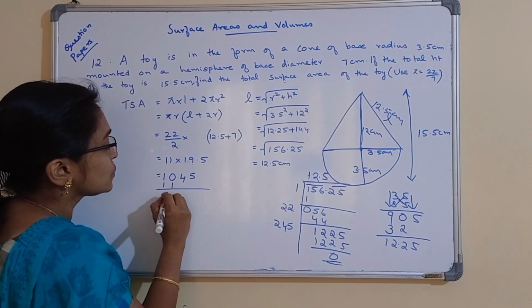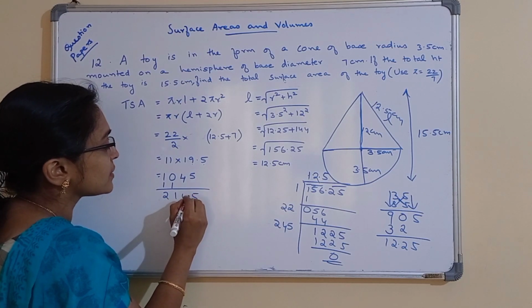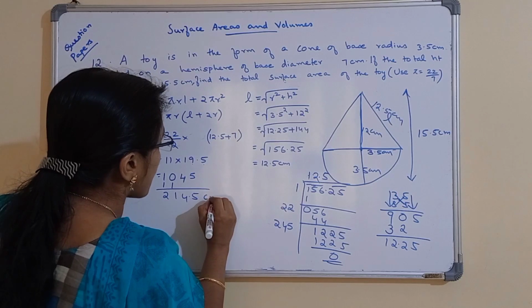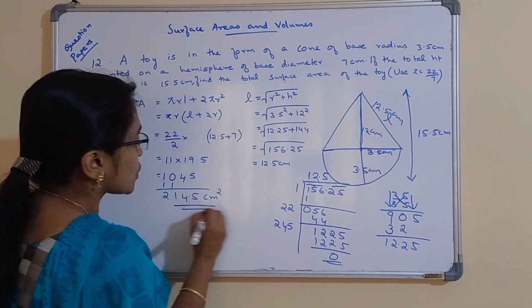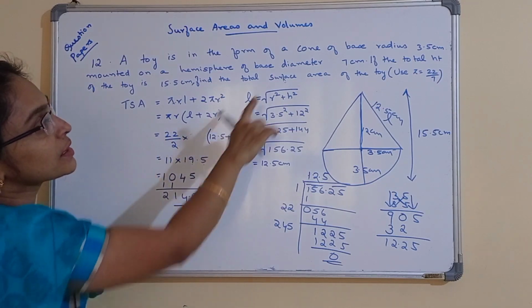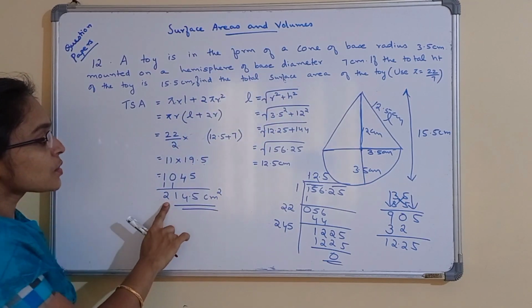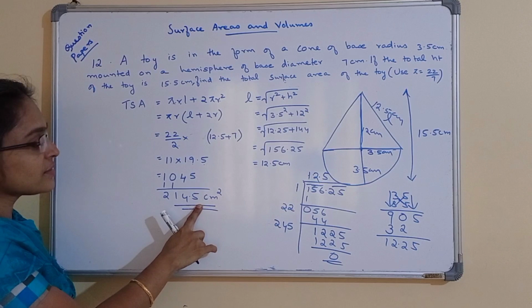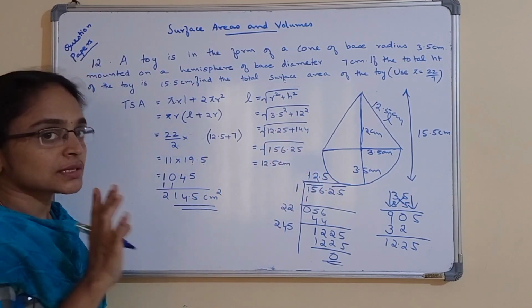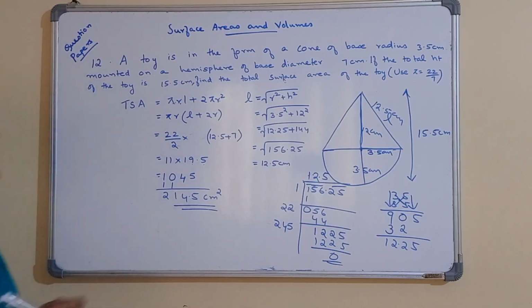So we'll get 2145 and there is one decimal here. So 214.5 centimeter square. What is the unit? It will be centimeter square or meter square. Here it is centimeter square. So 214.5 centimeter square is the total surface area of this toy. Understood?